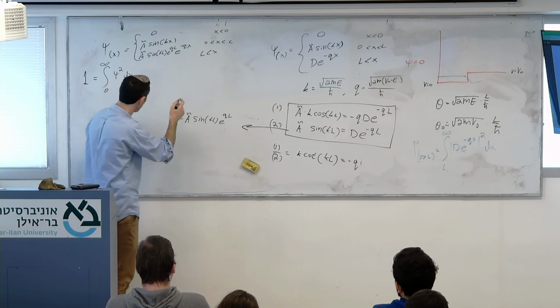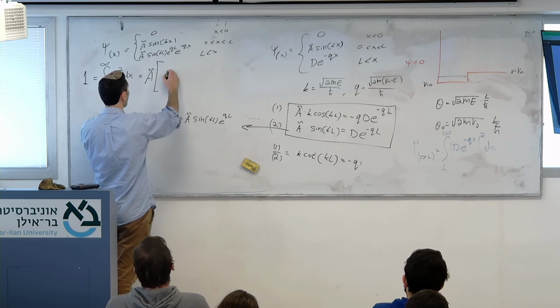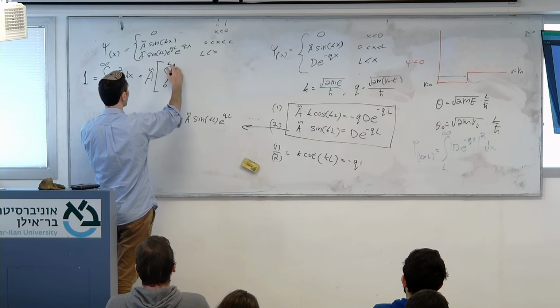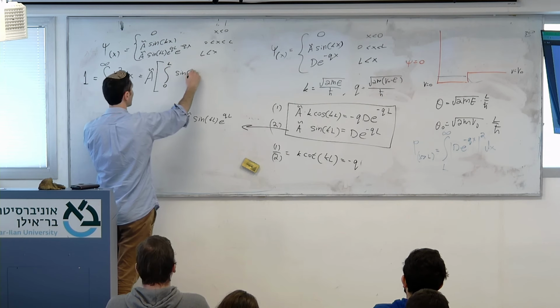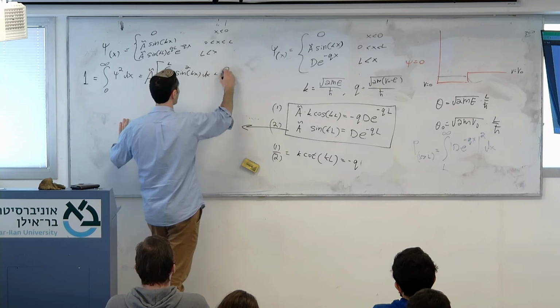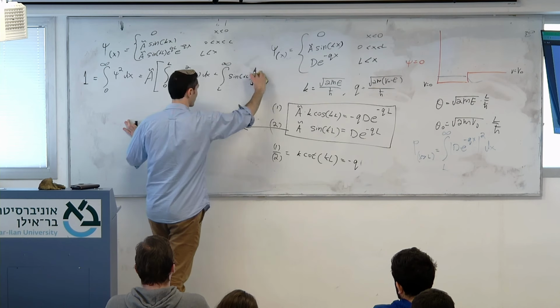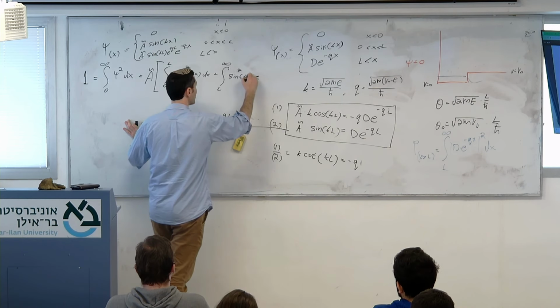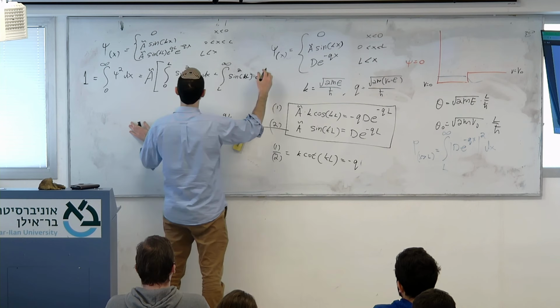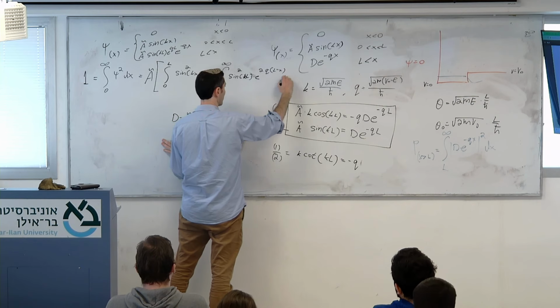I have no psi at 0, which is a tilde times the integral from 0 to L of sine kx squared dx, plus the integral from L to infinity of sine kl squared e to the 2q(L minus x) dx.